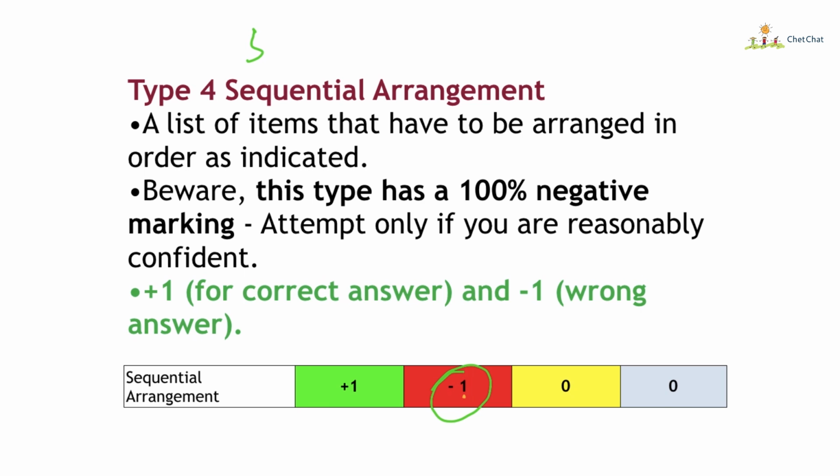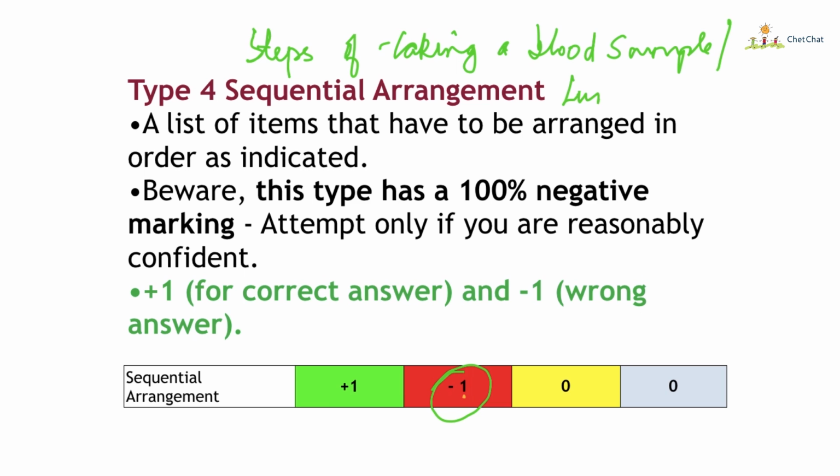So it is something like, say, you can be given an option of what are the steps of taking a blood sample or steps of doing a lumbar puncture. We've already seen such kind of questions. You will have 4 or 5 options and you have to place it in the right order.